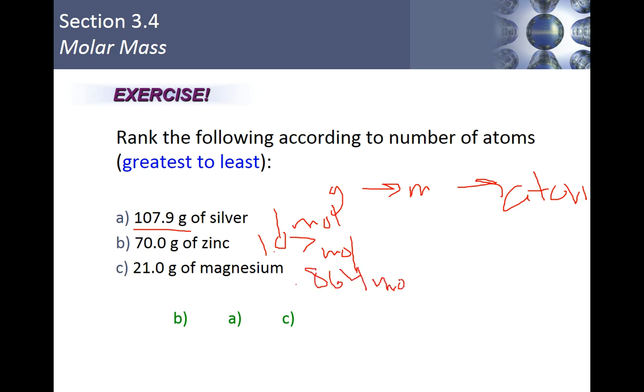I did those separately. But again, just like the last problem, zinc is going to have the highest number of atoms because it's the largest number, 1.07, and then silver would come next, followed by magnesium.